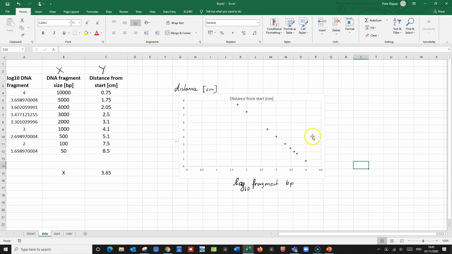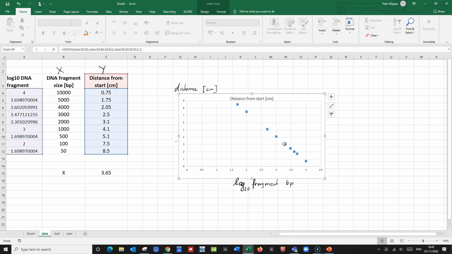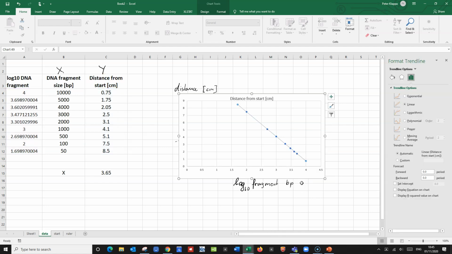We now can calculate a trend line for that in Excel, and we know how to do that. So we will left mouse click on one of the data points so that we highlight them, then right mouse click, and we can add a trend line. So here this trend line looks pretty good, so there is a very strong correlation.